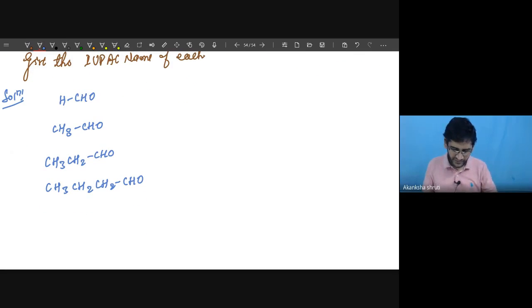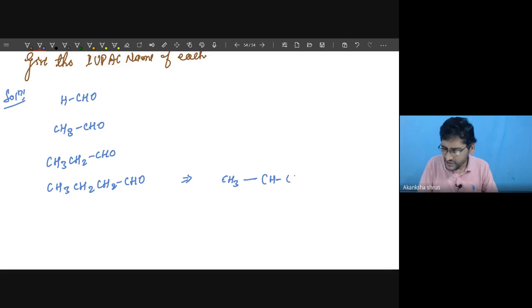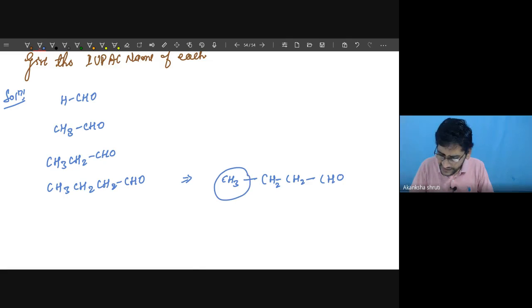Now, coming here, one may think about how this structure arises. Basically, it is CH3, then CH2, CH2, CHO. If you have doubt, first write in this form, with just a bond between the two carbons. Now you may think I can place the CH3 at this position.